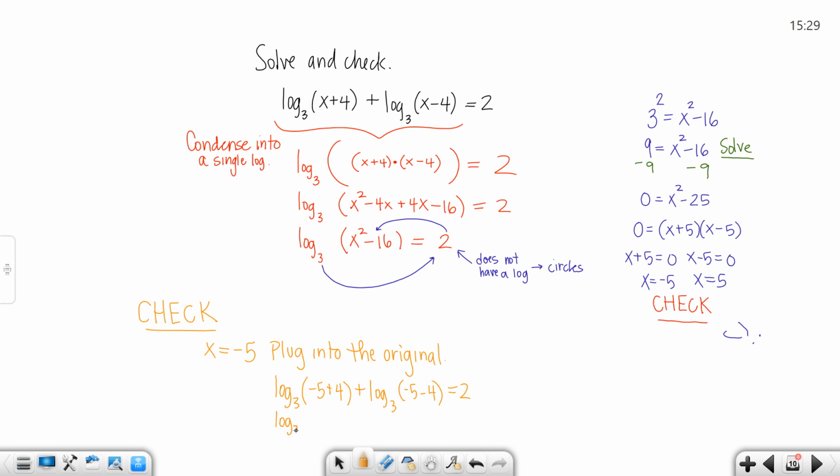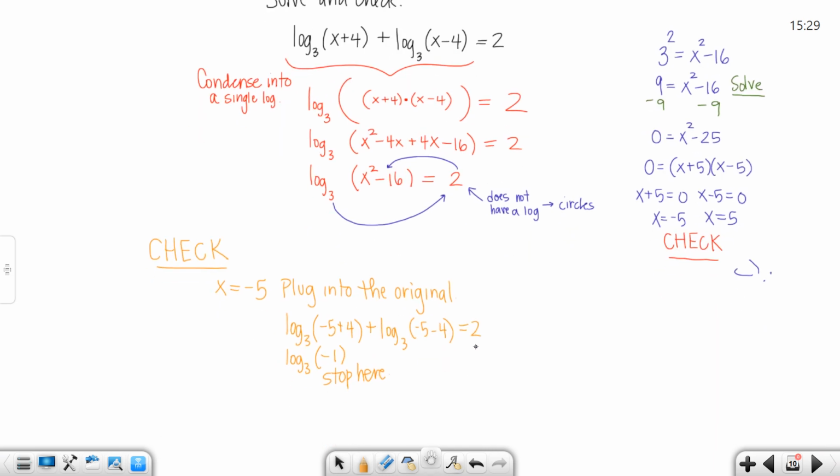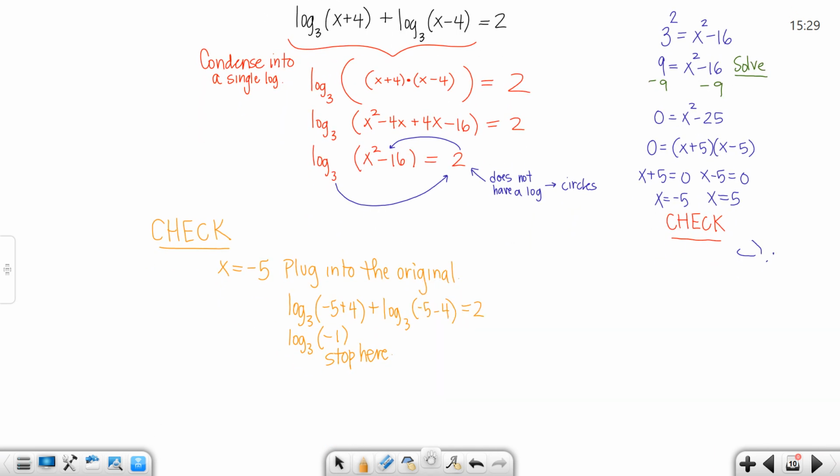So I would have the log base 3 of negative 1, and I can stop here. You can't take the log of a negative number.